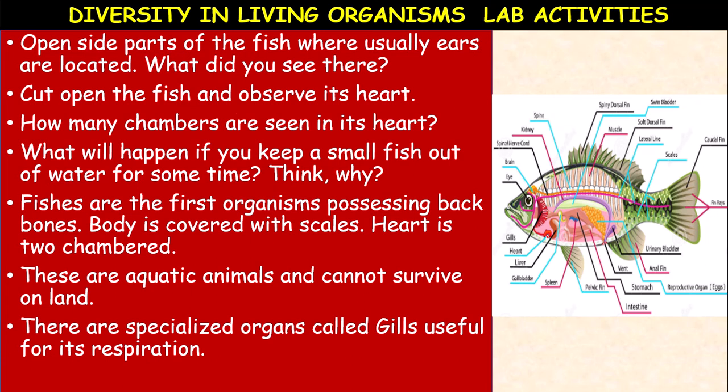This is the heart. You will find only two chambers present in the heart. Okay, and the fish heart is called venous heart. Single circuit circulation is observed in the fishes. So the blood from all body parts collects into the heart, which pumps the blood into the gills, from where it is distributed to all parts of the body.